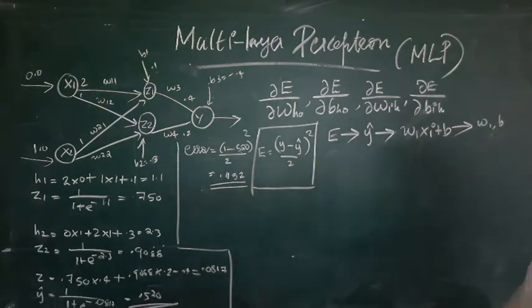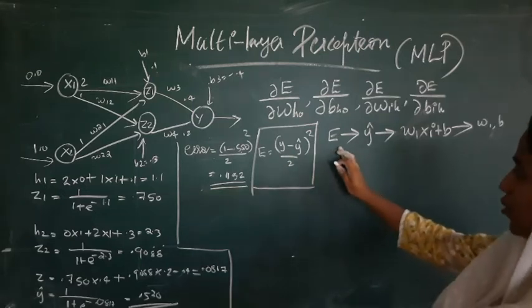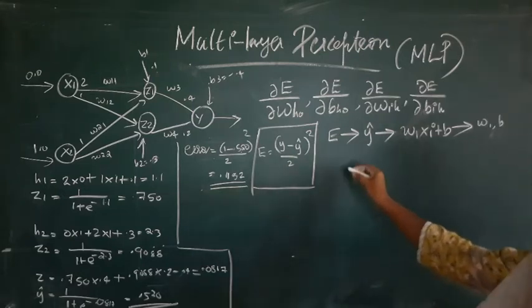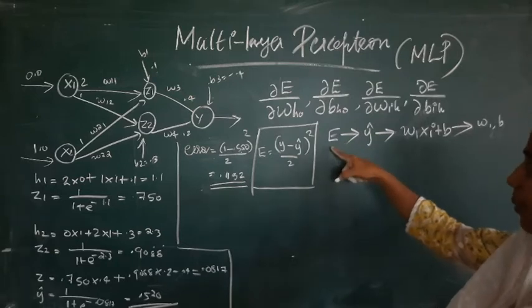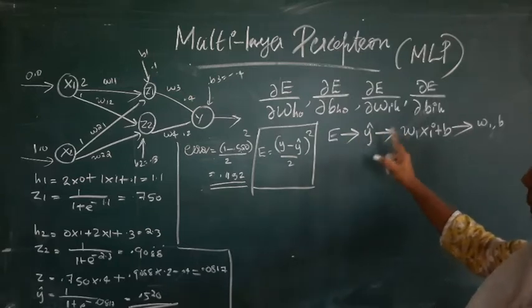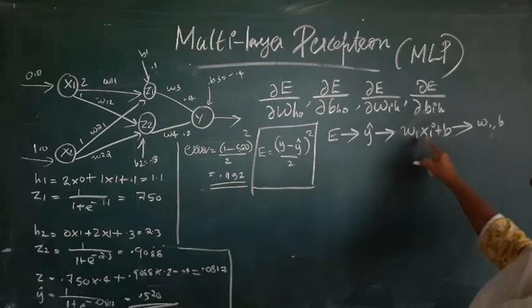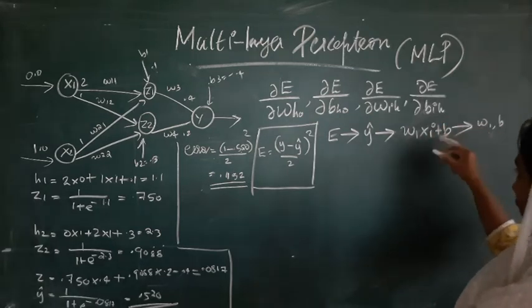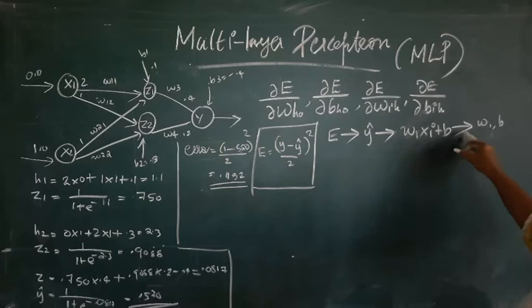So finding partial derivatives directly will be difficult. So we have to apply the chain rule. The chain rule is that the output error depends on the predicted output. The predicted output depends on the weighted sum of inputs and then the bias. So this term depends upon weights and biases. So this is what we can do: we have to apply a chain rule to get the value.